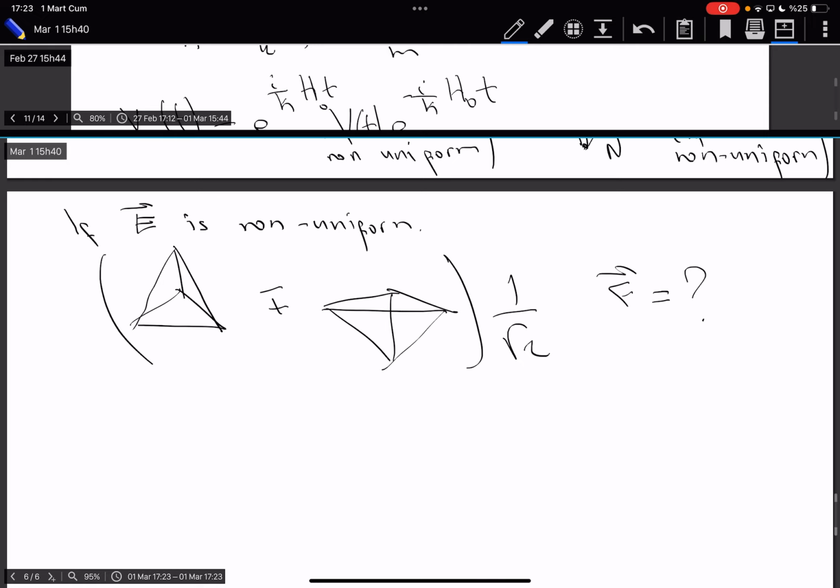Yes, I would just go ahead and, let's say, define some force operator, whatever that is. Then look at the matrix element.